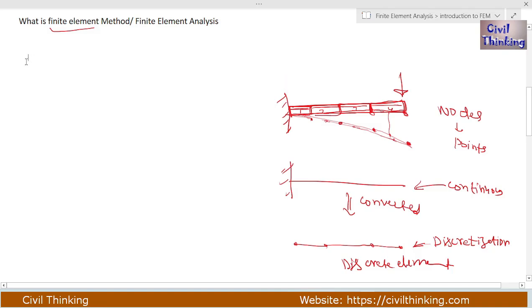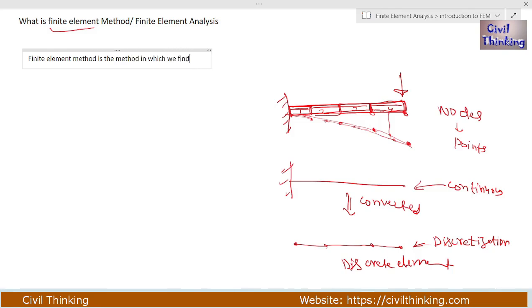So if I write about this, the finite element method is the method in which we find an engineering problem, or we find the engineering property, by dividing the continuous body into a discrete number of elements.